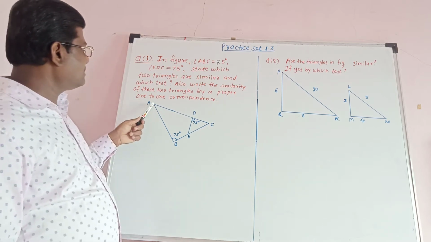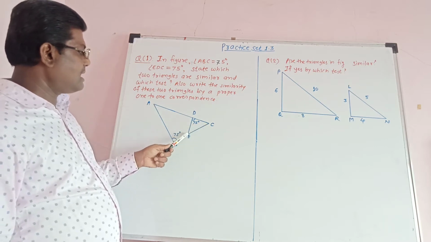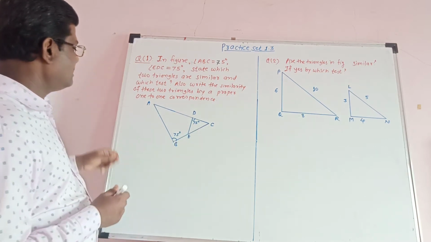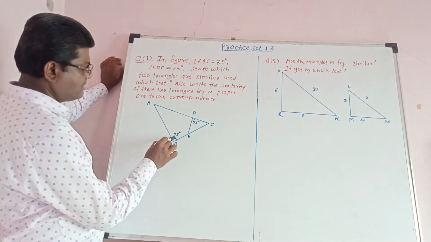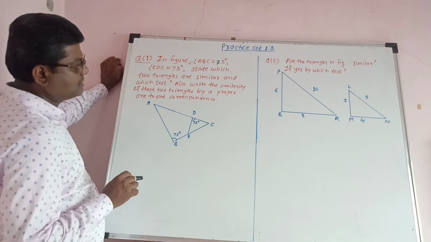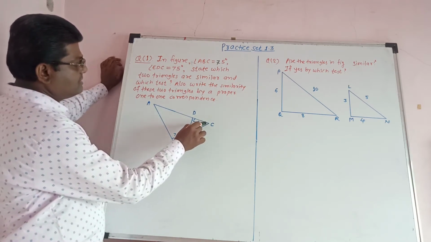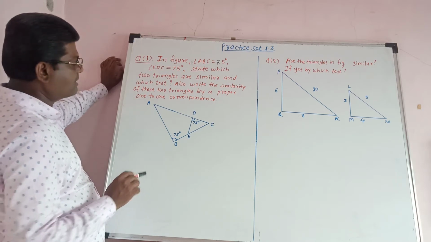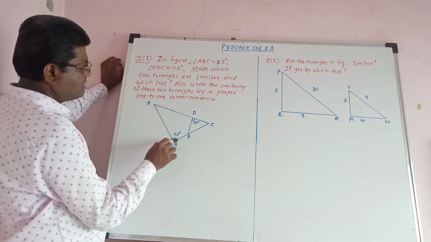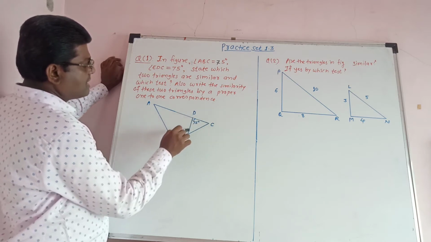If we see two triangles, triangle ABC and triangle EDC, in these two triangles, angle B is equal to angle D, each 75 degrees, and angle C is a common angle because it comes in triangle ABC and it also comes in triangle EDC.